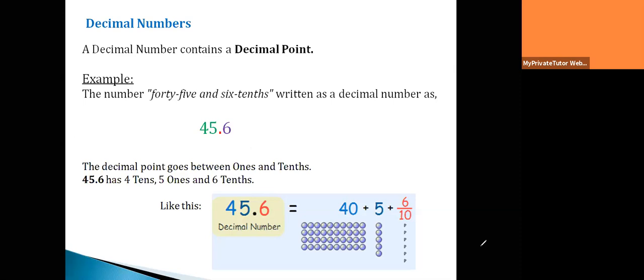Okay, so the decimal numbers. Tell me a number. Let's take the number 42.345. So this is the decimal point.